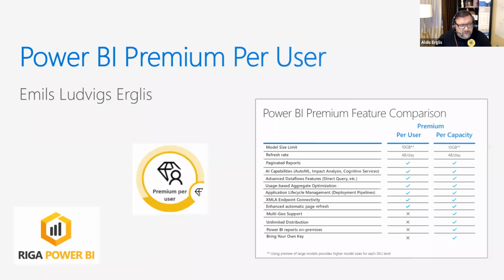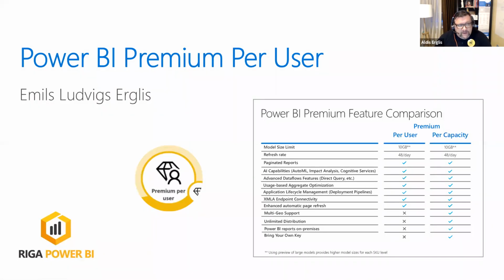So it's something that probably you don't have so many users, but you need this extra capacity and some other features. So this Power BI Premium per user capacity is really something very promising.